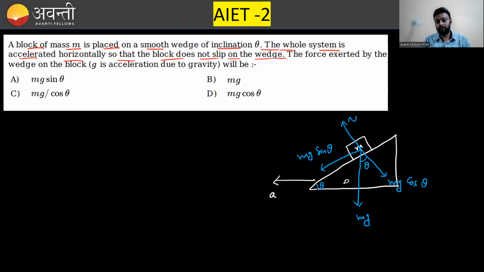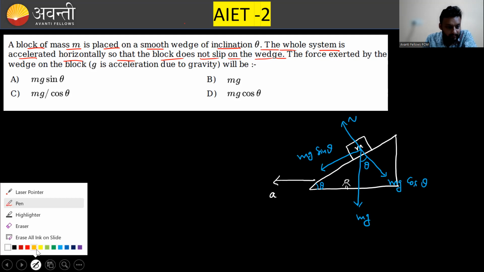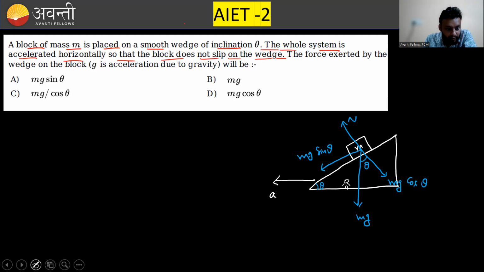If you are viewing it from this frame, there will act a pseudo force, which is opposite to the acceleration of the frame. So this pseudo force is ma. Clear? You know the concept of pseudo forces. When the frame is non-inertial, there is a pseudo force acting on the body.